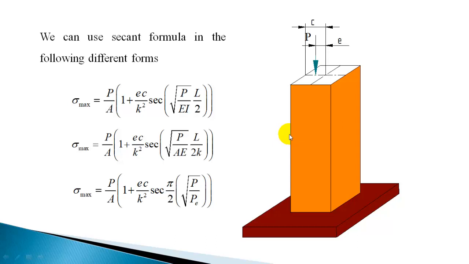So on the outermost fiber, in the direction the column buckles, you will have the maximum stress induced, and this maximum stress has two parts. One is the direct stress, that is P by A. The other one is P by A into this part, which is the additional stress induced due to eccentric loading.